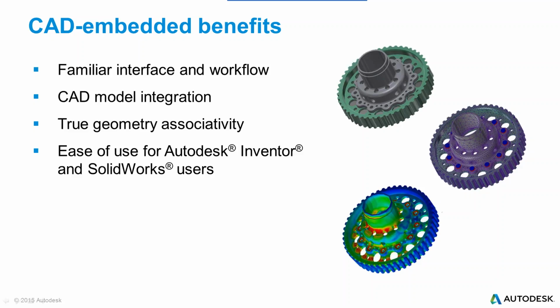Once you know your interface for the CAD program you're working with, this is just an extension above and beyond that to do all of these functions, which also means we've got true geometry associativity. The part geometry is all configured and running with the simulation tools. When we make a change right there in our software, we don't have to switch from one software package to another. We stay in the same package, make our changes to our geometry, go back in and rerun our simulation, and get our new results.